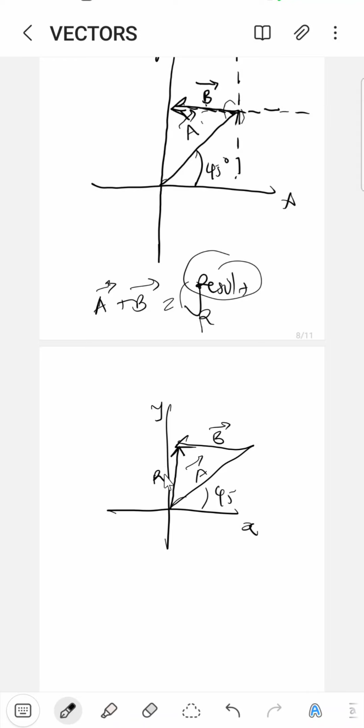Our question needed us to find the resultant vector, but graphically showing it. And this is how you graphically show that you have added A: you add an arrow, tail there, and its resultant. So A plus B resulting into that.